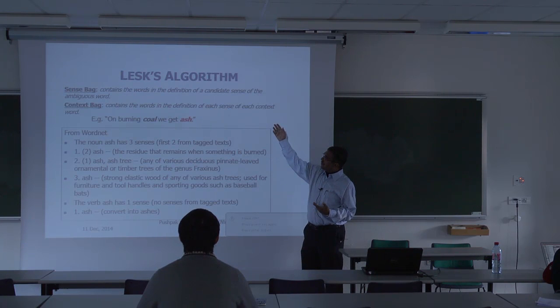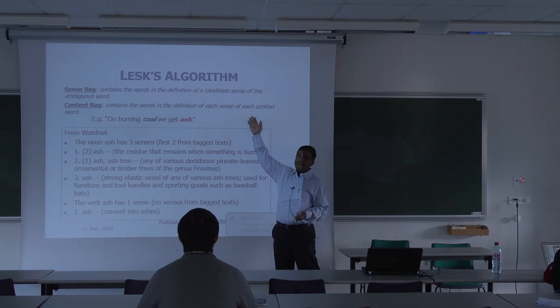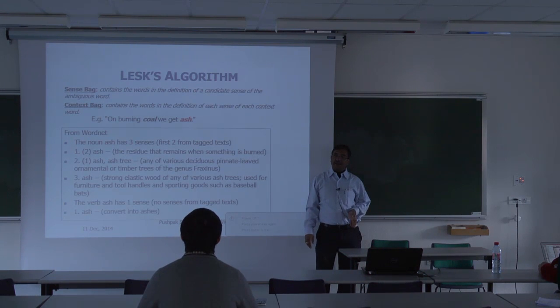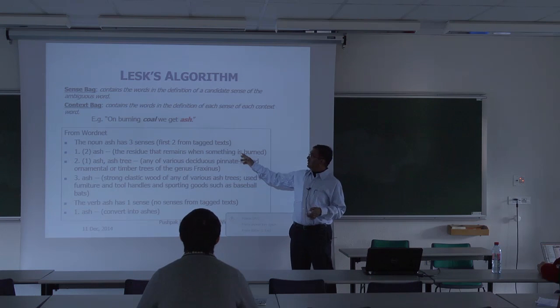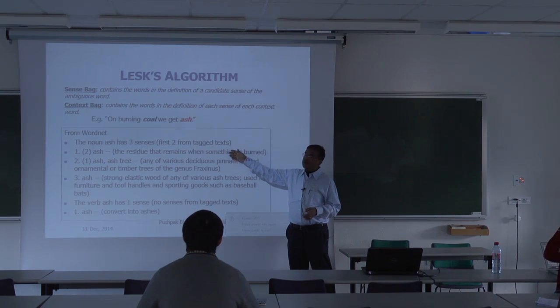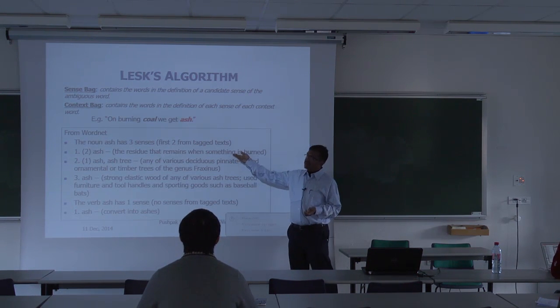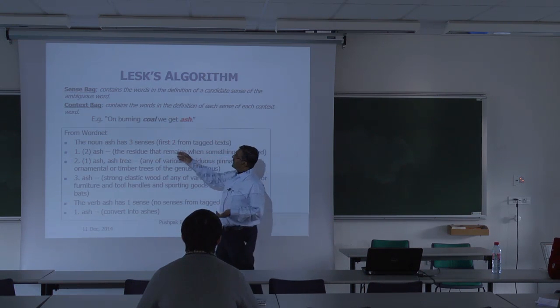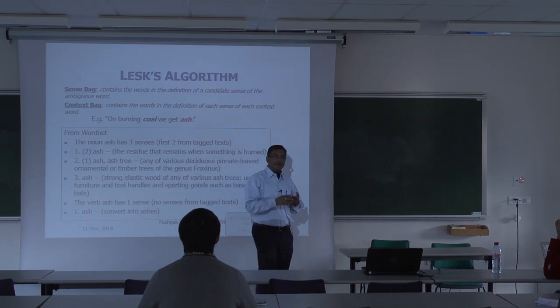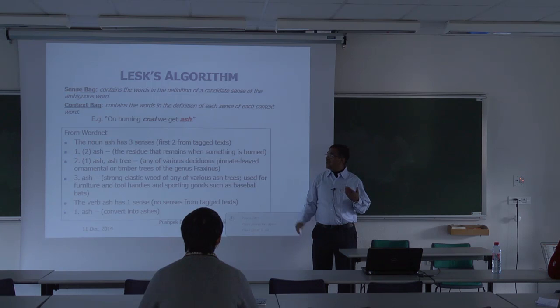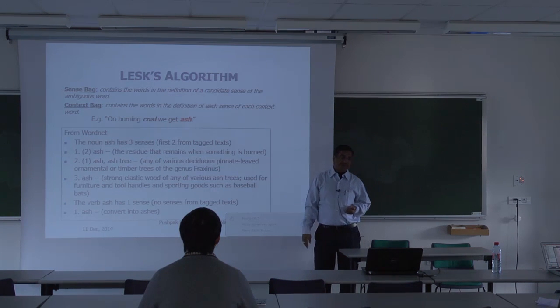So, when we create an overlap between the context and the sense, we find that there is a common word here, burn, and therefore, this is the winner sense, as simple as that. An extremely naive algorithm. You simply see the overlap between the context and one of the senses here. That is all. And of course, this example shows that the algorithm is extremely fragile. It can always be beaten, it can always be defeated, but still it comes back again and again in the Word Sense Disambiguation literature.